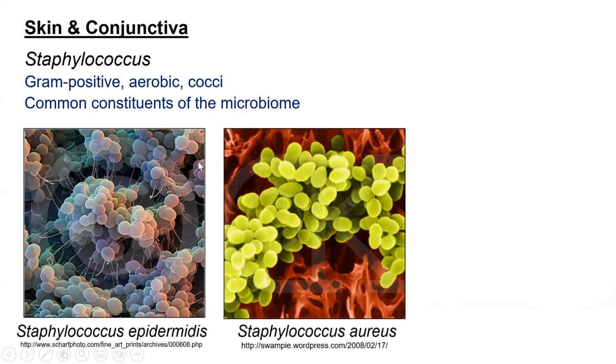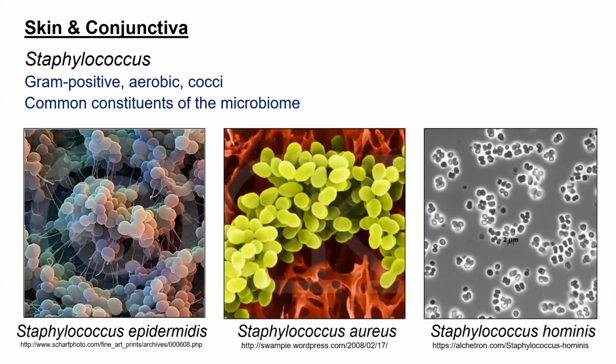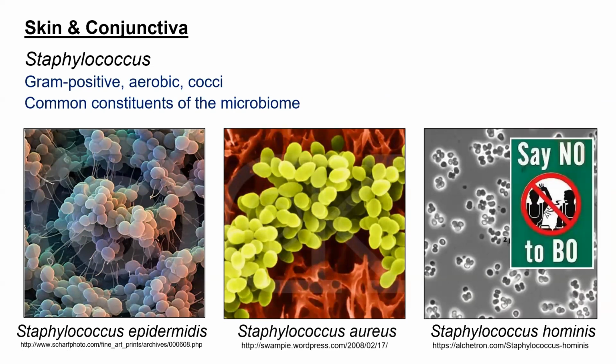And actually, one more Staphylococcus for you, just for interest, Staphylococcus hominis. I think this one actually was discovered relatively recently. Like, I feel like in the past 10 years, I'd have to double check that. So you're probably wondering what this one is all about. Well, I don't think it causes any infections, at least not any serious ones anyway. But this one is well known for making body odor.